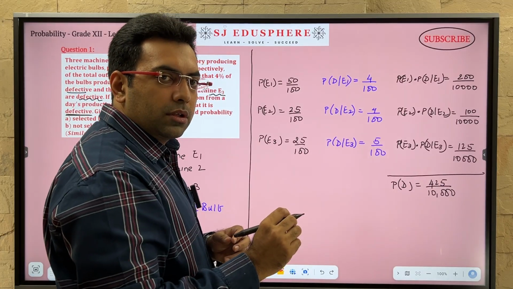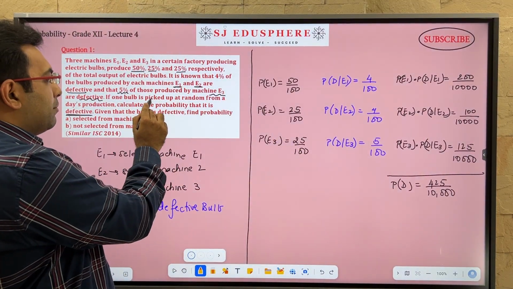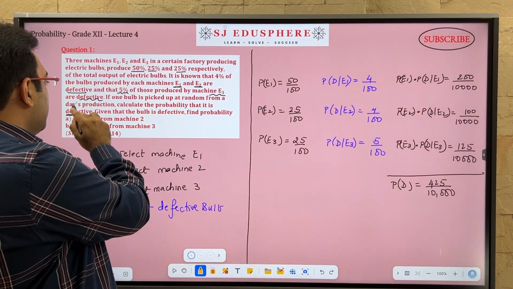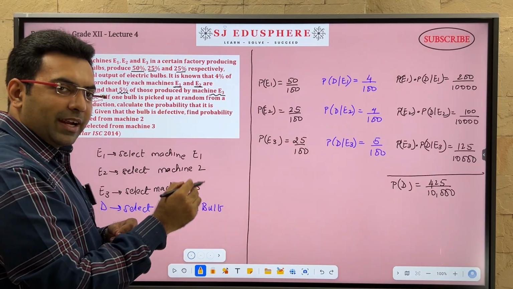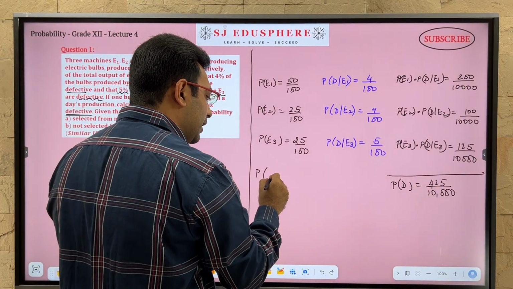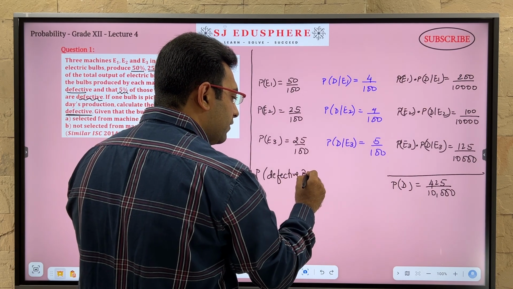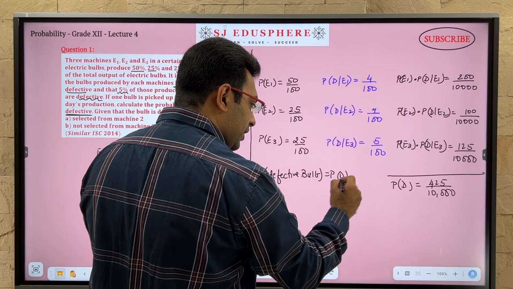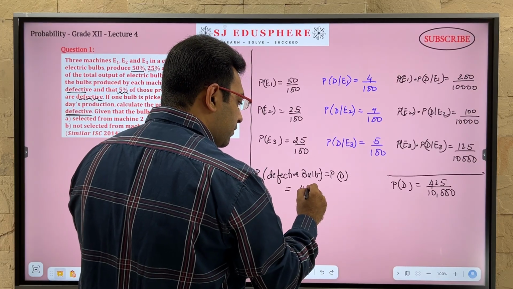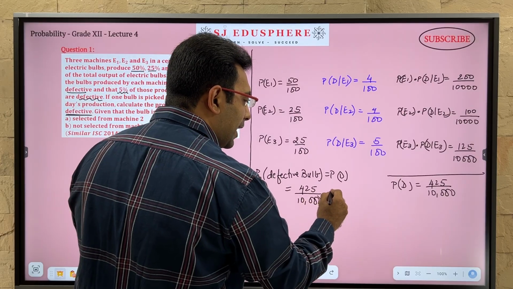upon 10,000. My first question was, if one bulb is selected at random from a day's production, find the probability it is defective. So probability of a defective bulb, that is probability of D, is 425 upon 10,000.